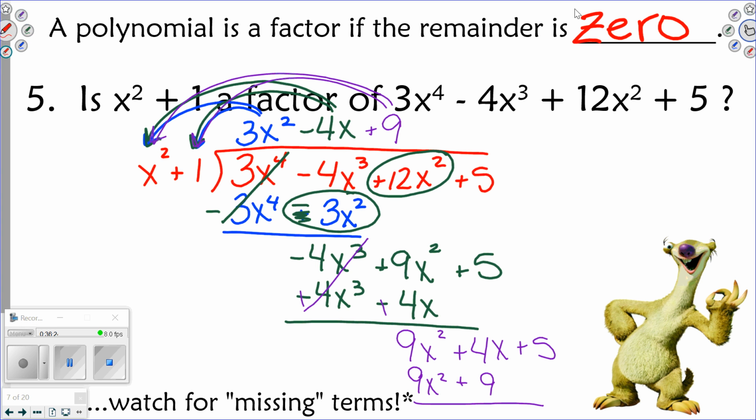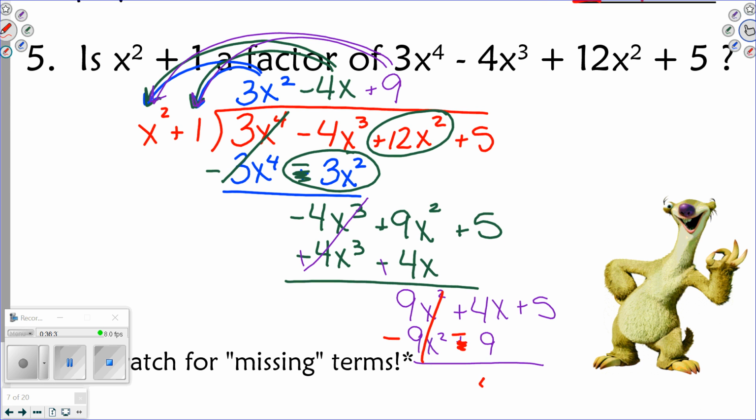And then we change your signs. So my 9x squareds cancel. I have 4x and then a minus 4. I have 4x, and then negative 9 and a positive 5 are like terms. They just didn't line up together. And that gives me negative 4.